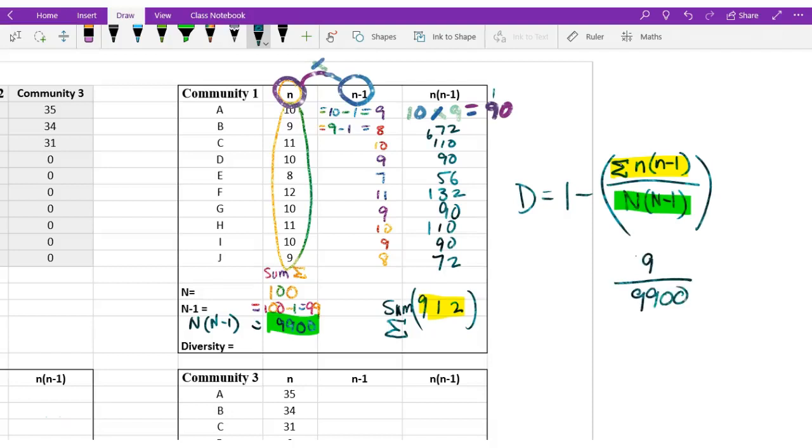My top, I'm going to have 912. Now that we've put that in, when you do a little bit more calculating, first of all I'm going to fill this out. So 1 minus that whole fraction. Well, let's put that into a calculator and find out what that is. That's going to be 1 minus 0.